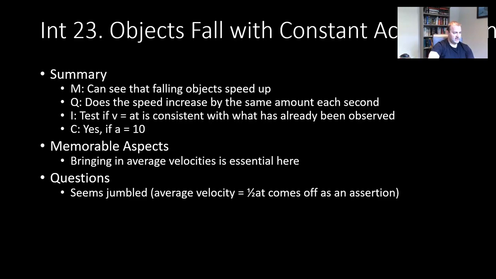Now, the questions I have about this, there's a lot that just does kind of seem to be jumbled here. So the main thing that stuck with me is it seems like this idea that average velocity would then be equal to 1/2 acceleration times time. This comes off as being an assertion.